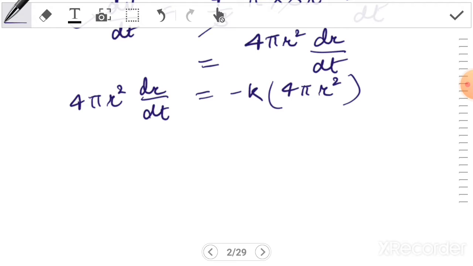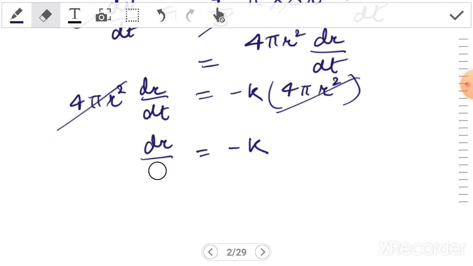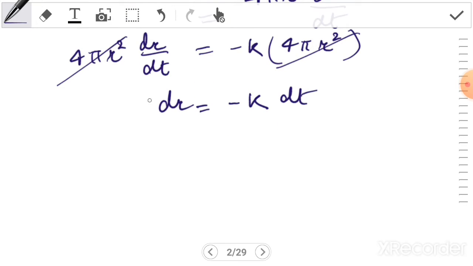So dr by dt is equal to minus k. Then we can take dt on the right hand side. Now integrating, we get r is equal to minus k times t plus c.